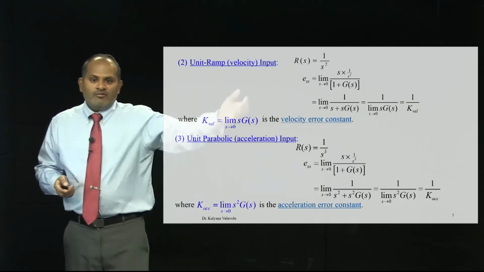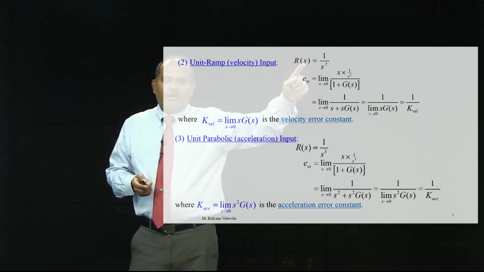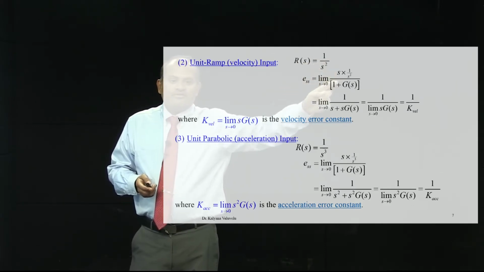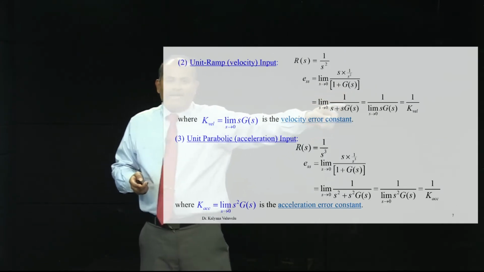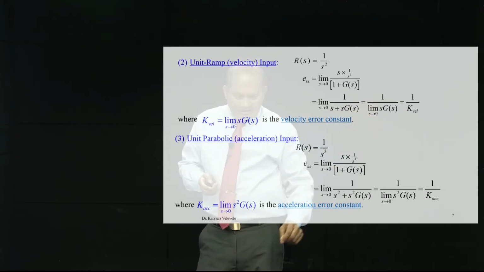Similarly, we can evaluate for unit ramp. For the case of unit ramp, r of s equal to 1 by s square. So, I get limit s tends to 0, s into 1 by s square by 1 plus g of s. If you simplify, one s will go off, and I get 1 by limit s tends to 0 s g of s.